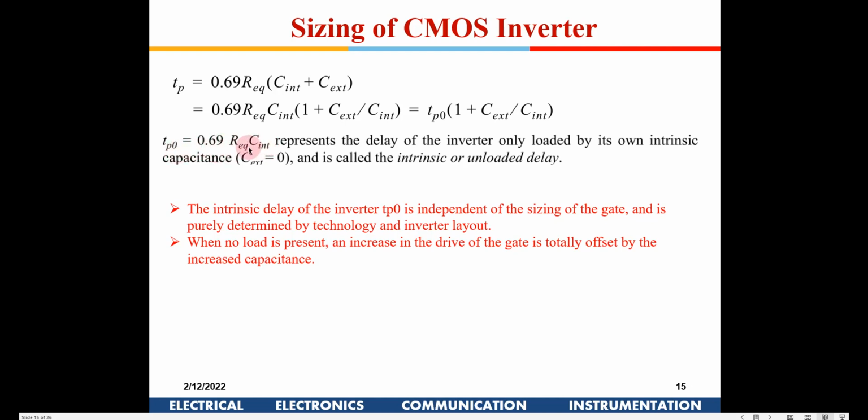Also, important thing to note here is this is not dependent on the width of the transistors, because if you increase the width of the transistor, then the capacitance will increase and the resistance will decrease. If you decrease the width of the transistor, then the resistance will go up and capacitance will come down. So this TP0 is known as the intrinsic or unloaded delay, and it is independent of the load as well as the sizing of the inverter.